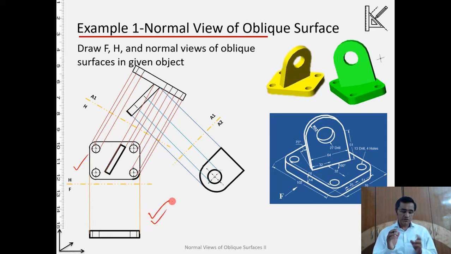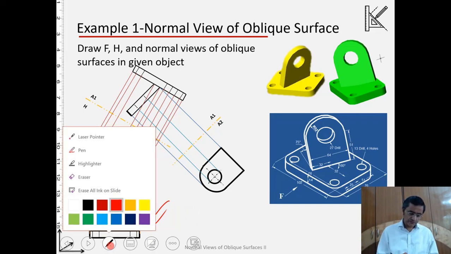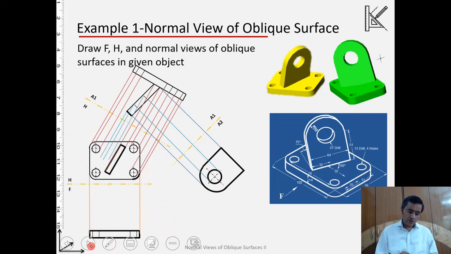So with the help of the projection on A1, I can project it back to the horizontal and then to the frontal. So if you do it, now you will notice I have drawn 3 projectors here.